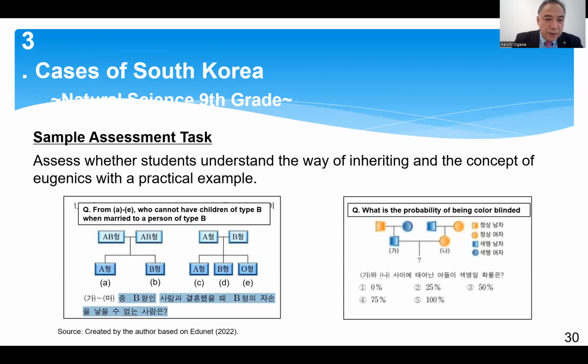The first question is: from A to E, who cannot have a child of type B when married to a person of type B? It's like blood type, right? Yeah. Then the left side of the chart asks about the probability of being colorblind. Those are examples of how South Korea is assessing.